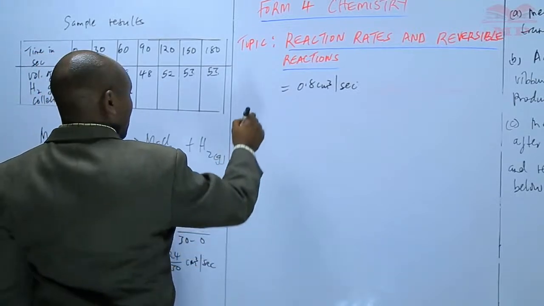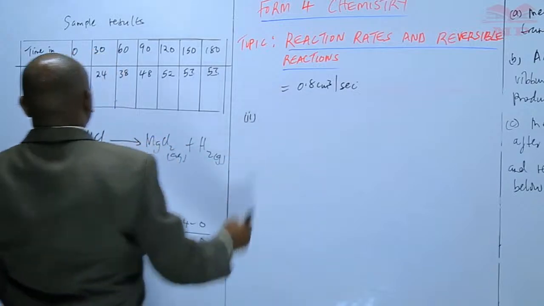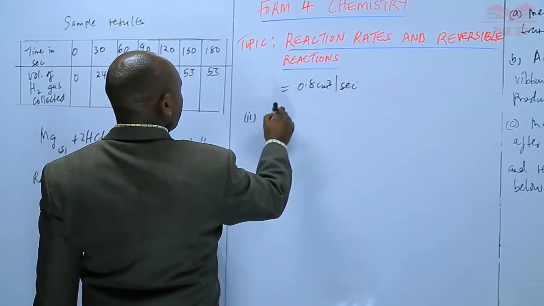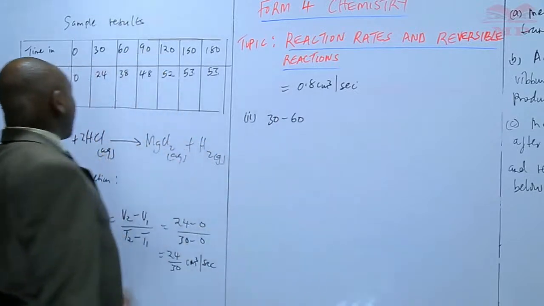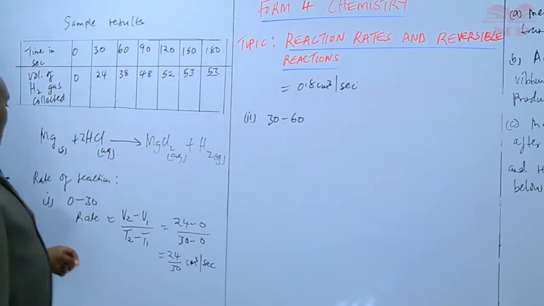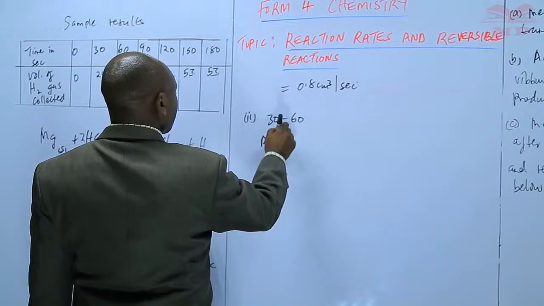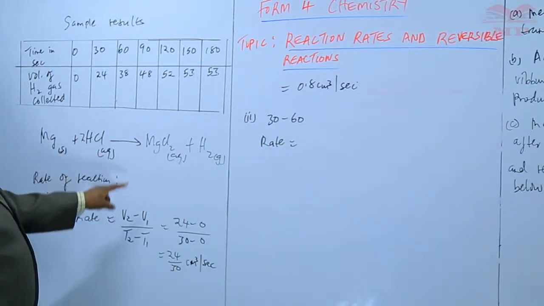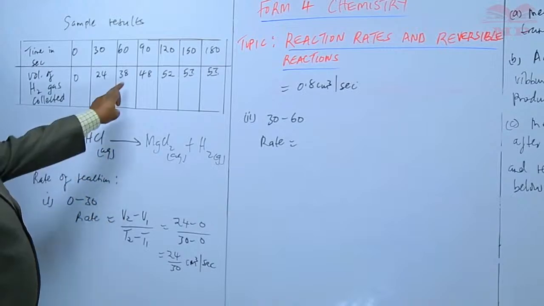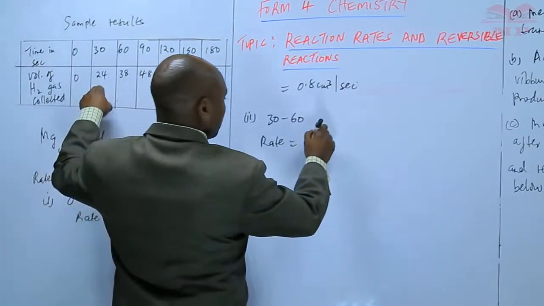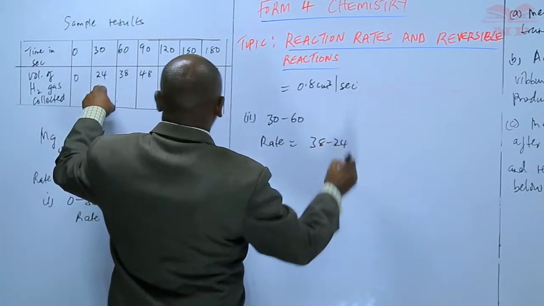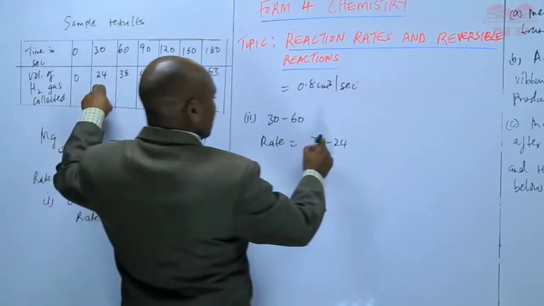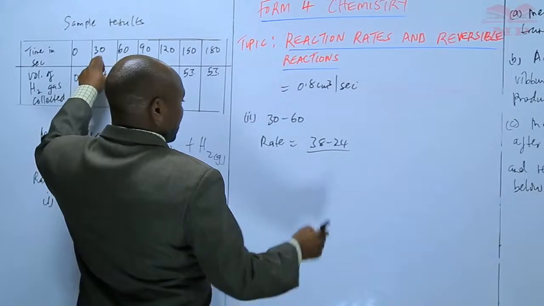Then we can measure the second rate, between 30 and 60, measuring every 30 seconds. The rate will be volume 2 minus volume 1, 38 minus 24, over time 60 minus 30.